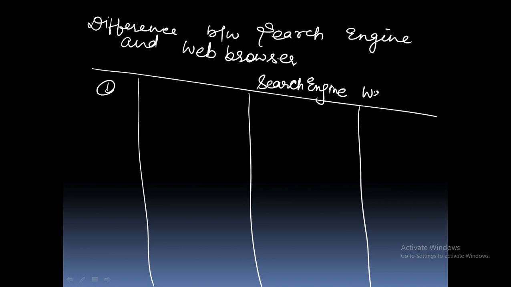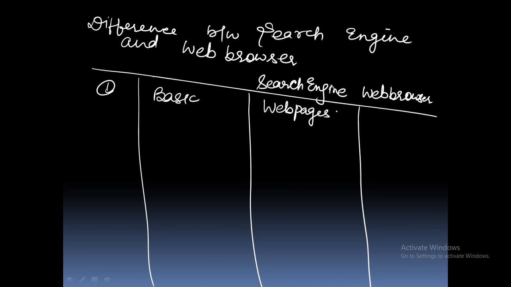And on the right side I will write about web browser. According to the first difference of comparison, that is basic. What is the basic difference between search engine and web browser? Search engine maintains the information about web pages which are stored in the internet.